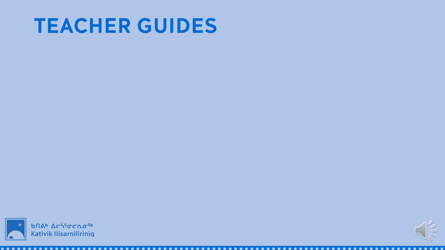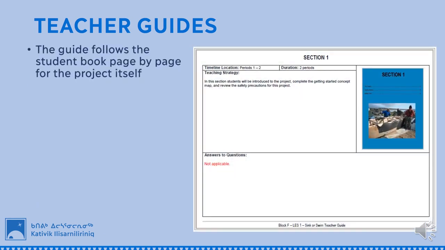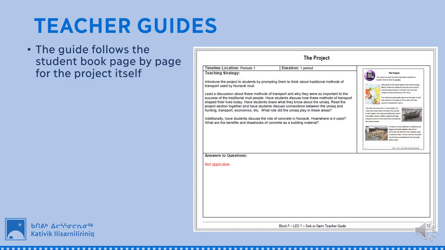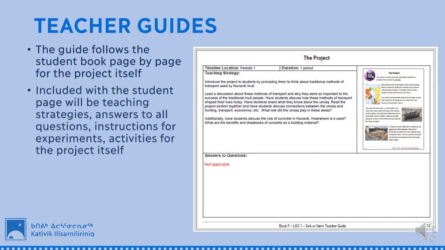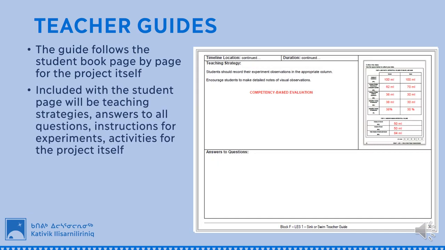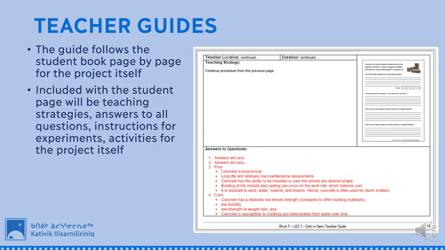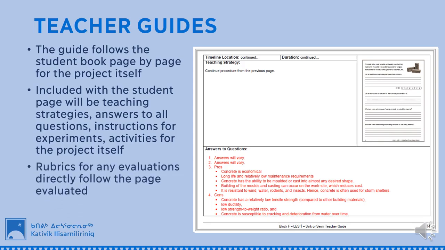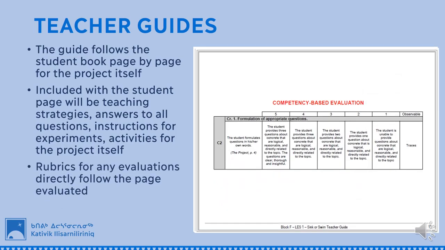For the project and any experiments or activities, the guide follows the student book page by page. Included with each student page, you'll find some teaching strategies, answers to all the questions, instructions for related introductory experiments and activities surrounding building the project itself, and of course a page with rubrics, which will follow any page with questions or areas to be evaluated.